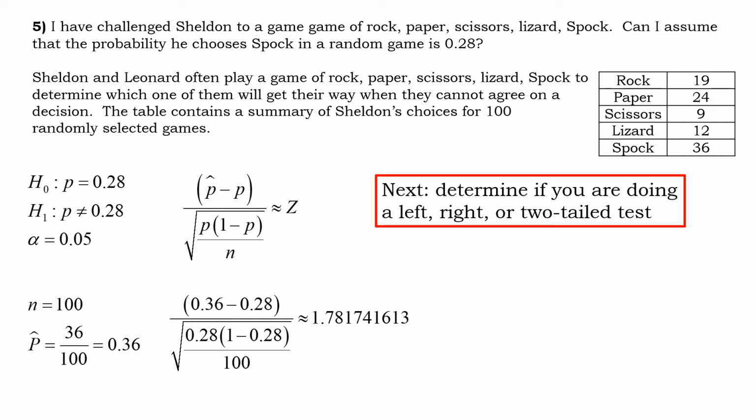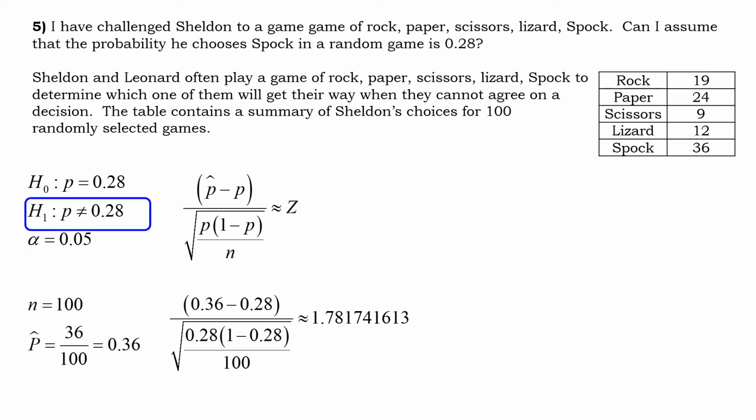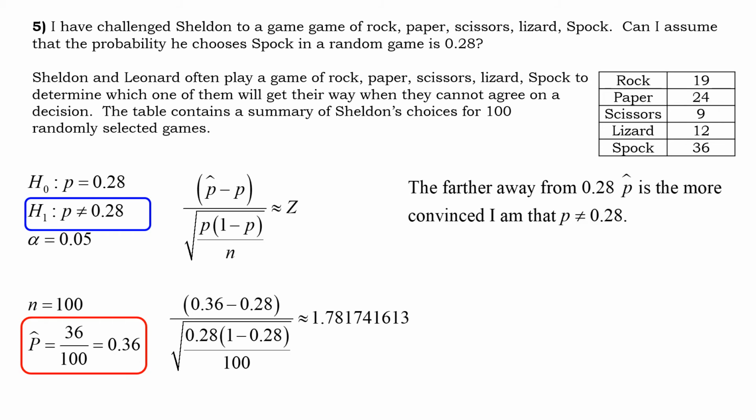So we have to know if it's a right, left, or two-tailed test. What are we trying to be convinced of? That the probability does not equal 0.28. We look at the sample. The sample proportion is going to try and convince me about what the real proportion or probability might be.